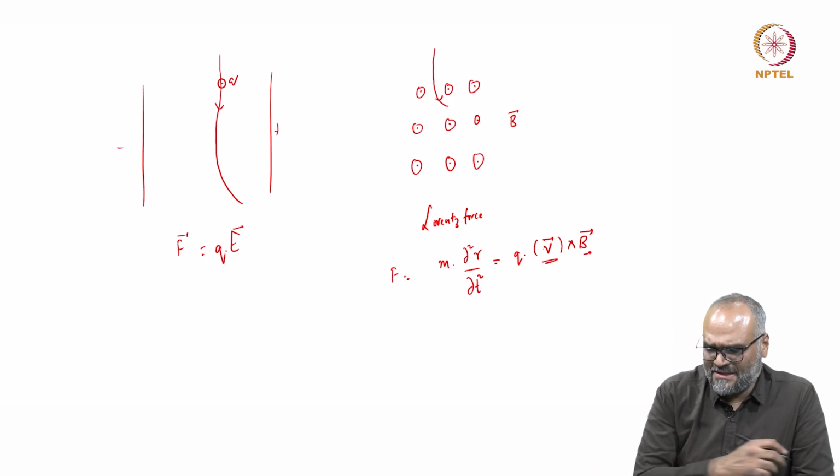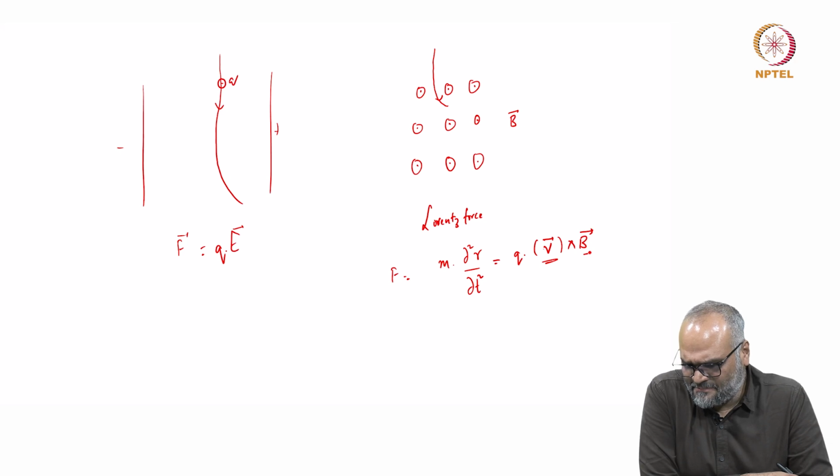It is a cross product between the velocity of the particle and the magnetic field.